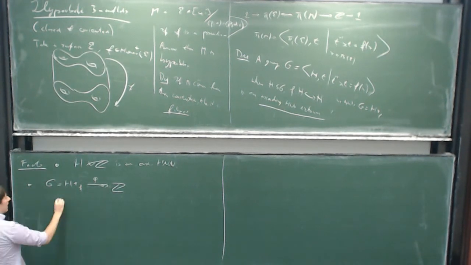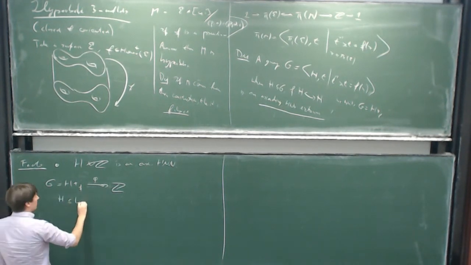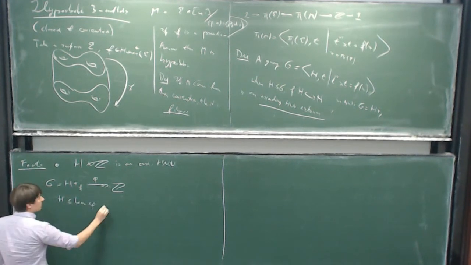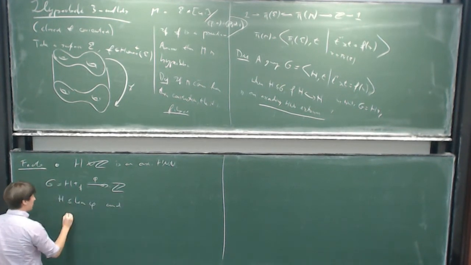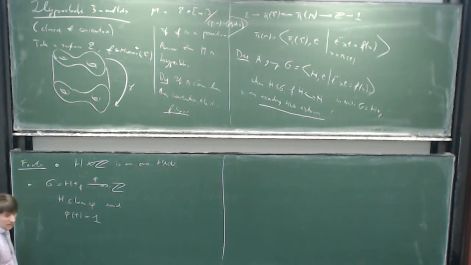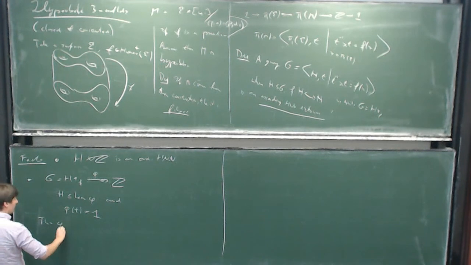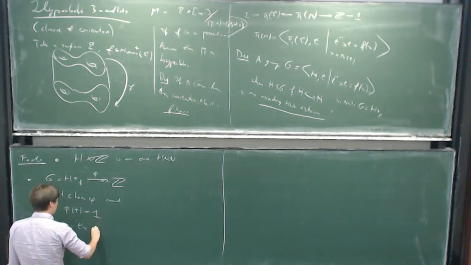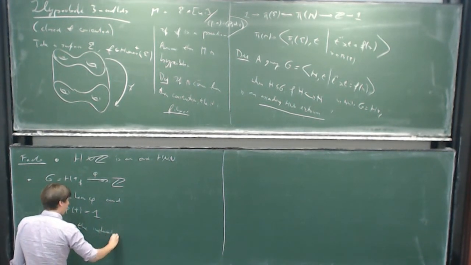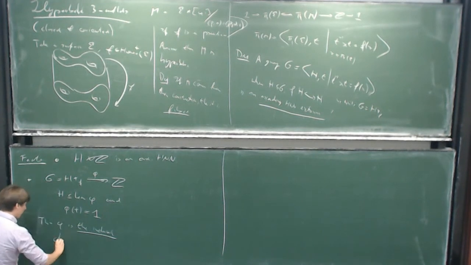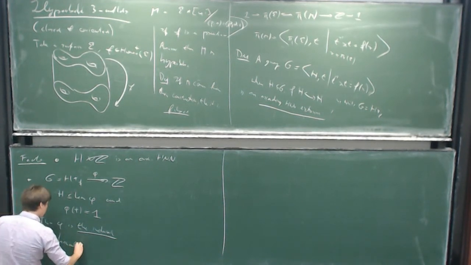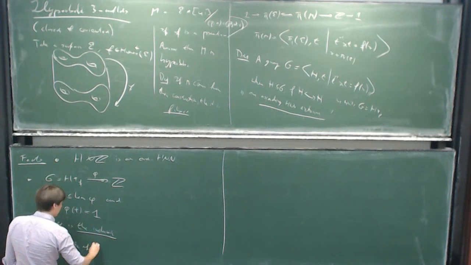This map has H in its kernel, and it takes the stable letter to one, which is one of the generators of Z. This phi is the induced character of the HNN extension.